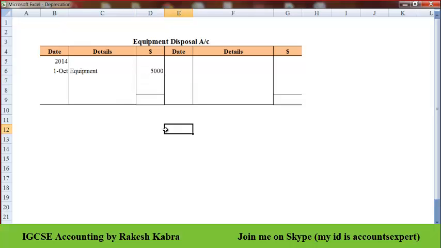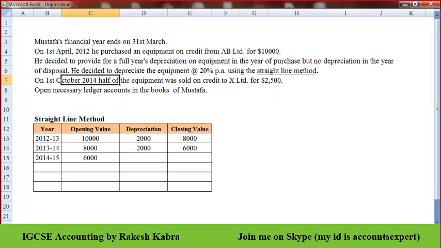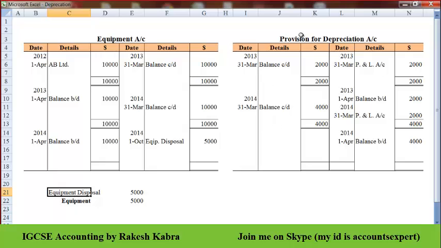Got it? Now one more thing I will do. I will transfer the balance of provision for depreciation. No, I will transfer the balance of provision. Here I transfer the balance of equipment, isn't it?